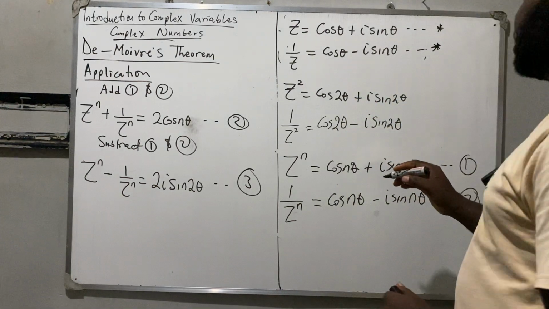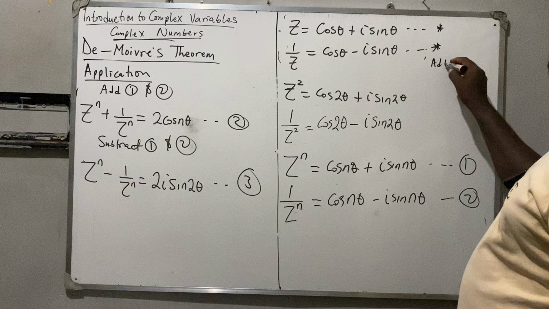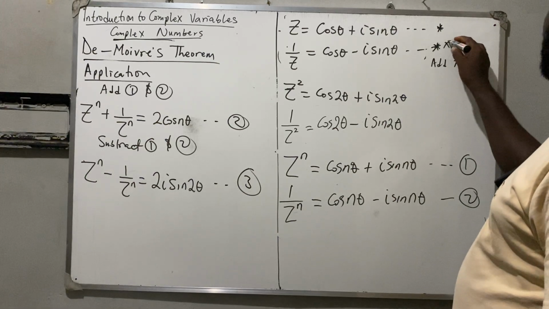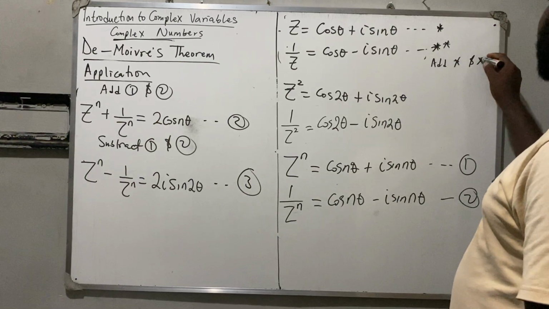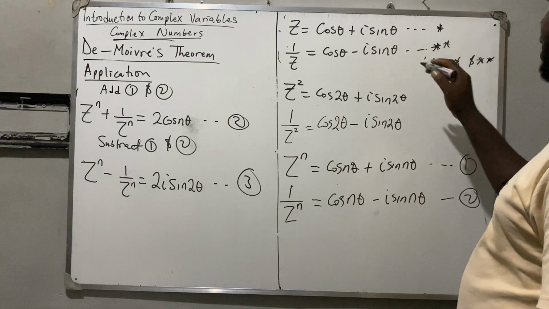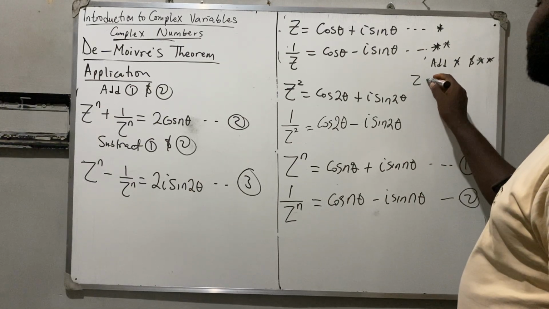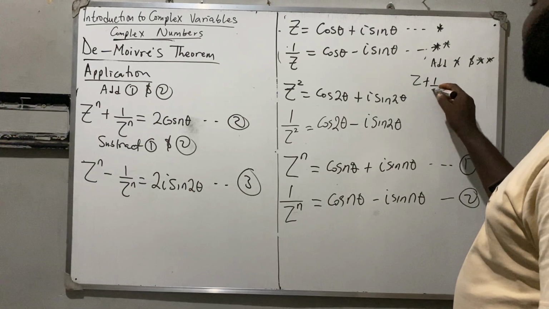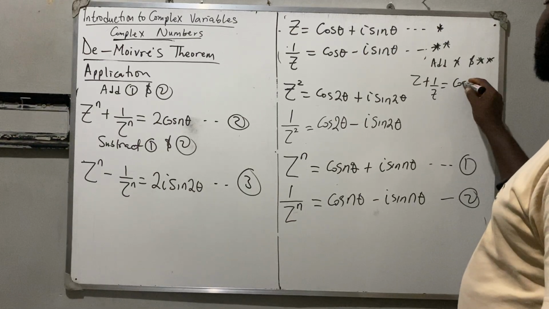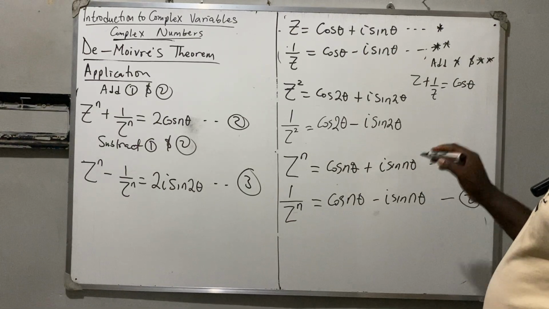Let's do the same thing here. If we add star and star star, you see that I'll have Z plus 1 over Z is equal to just 2 cos theta.